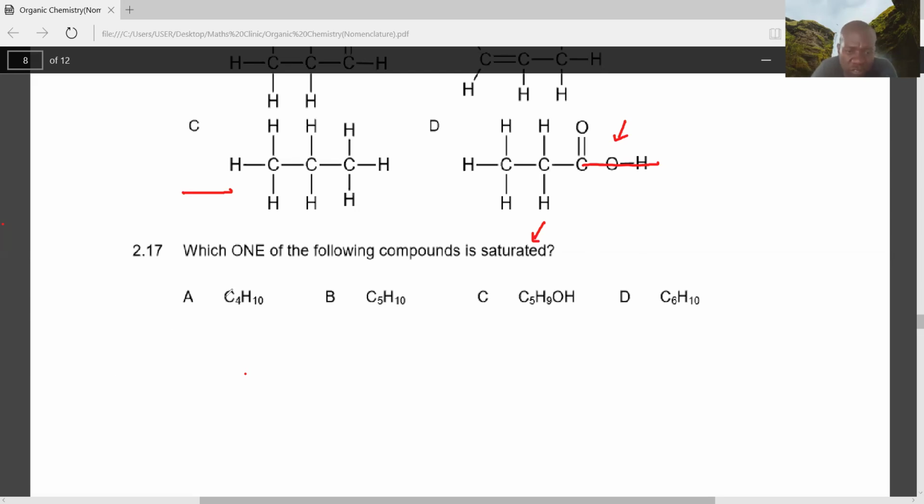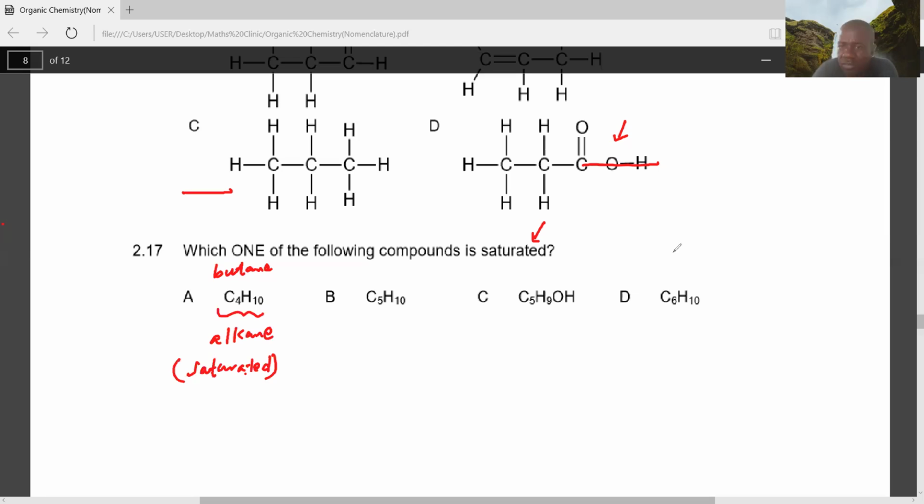Now, if you look at this, this is butane. Butane is an alkane, and an alkane is saturated, because it contains single bonds between the carbon atoms.